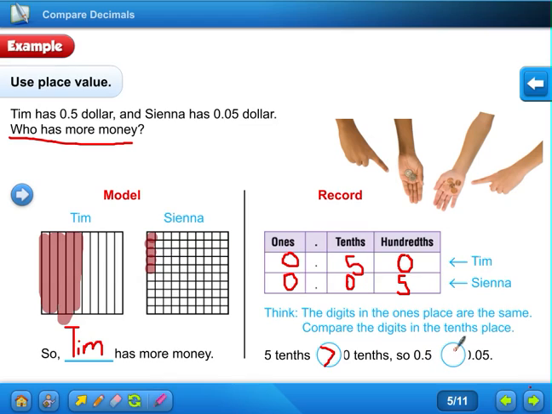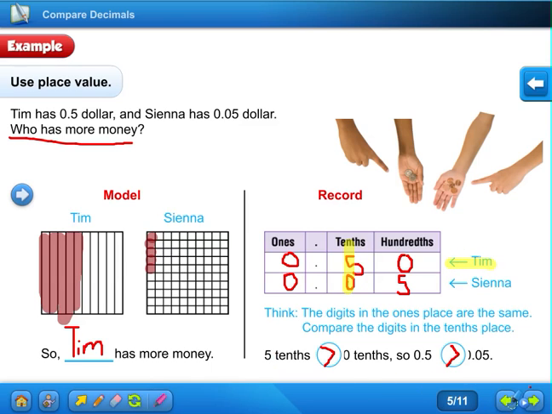So 5/10 is greater than 5/100. Just like I said, add that 0 too. I like to make my decimals have the same amount of places sometimes, so it's easier for me to compare. So you just go right down in order and you compare them. You can stop right here because that's the first place you're going to start comparing. And 5 is greater than 0, so you know that Tim has more money.